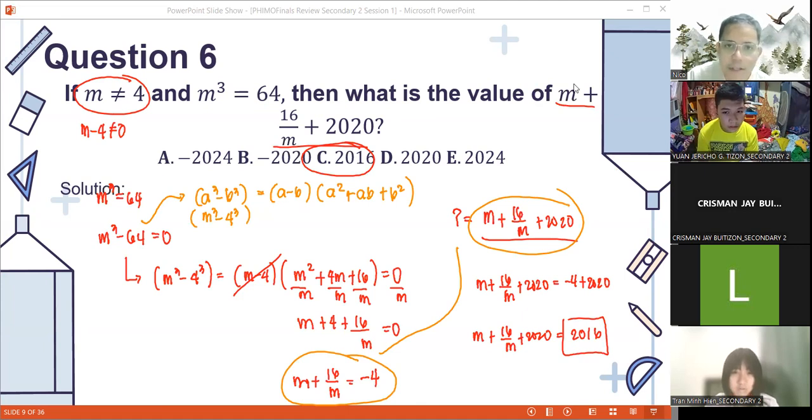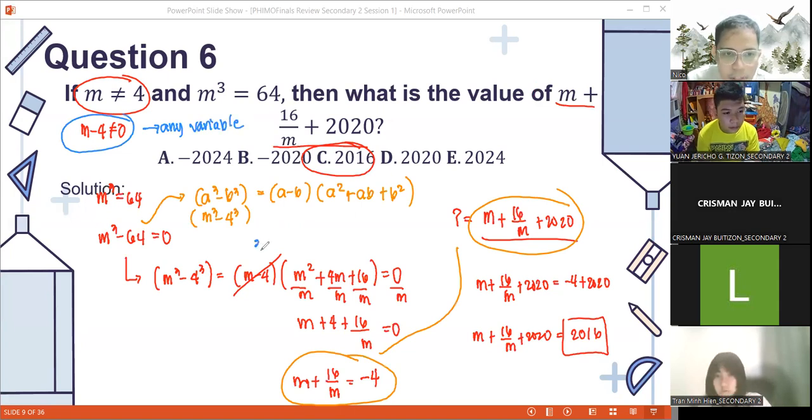Okay, look at this one. Say, for example, I will use color blue. m here is not equal to 4. So m minus 4 is not equal to 0, right? Meaning any constant or any constant variable, say for example this is 3, this is y is equal to 0. You can simply cancel 3, right?